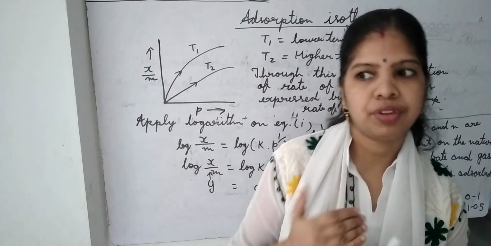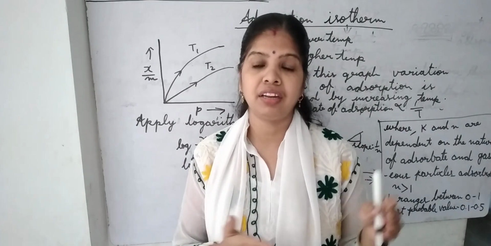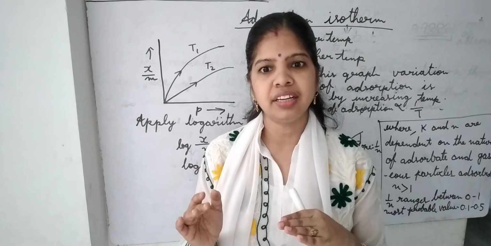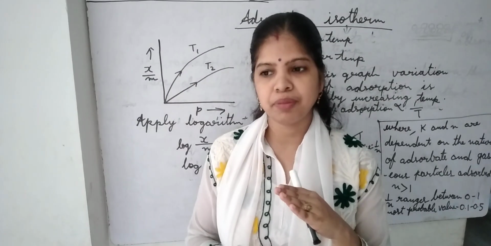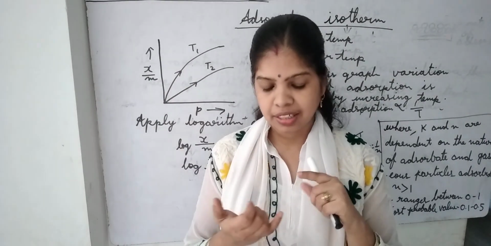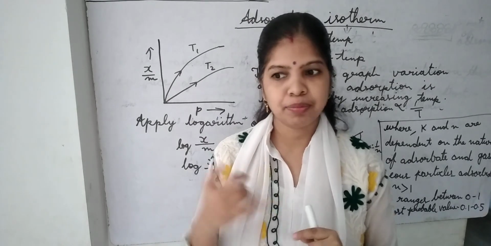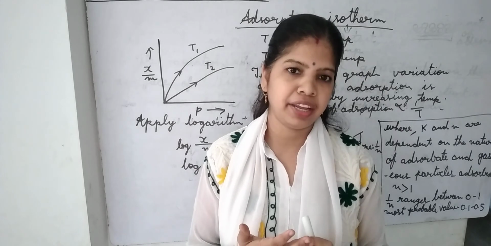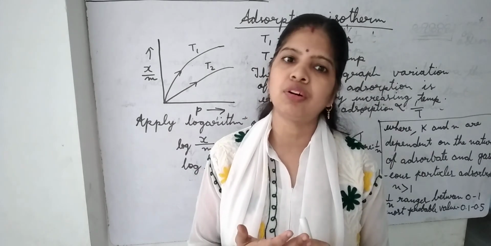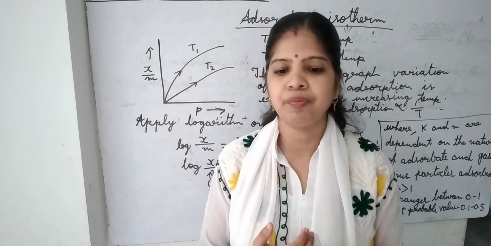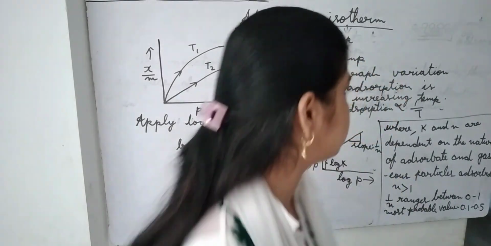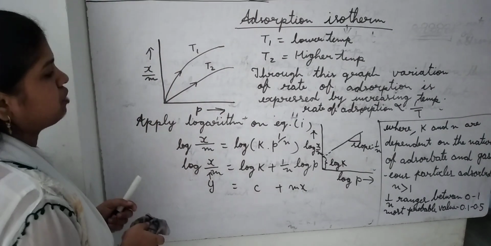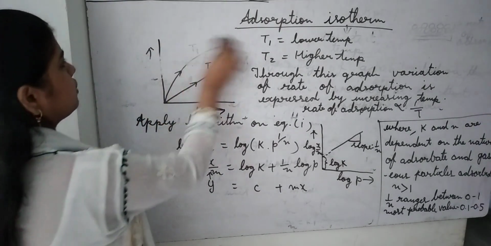But after a certain period of time, even by increasing pressure, adsorption will be constant, that is the saturation pressure. And Freundlich adsorption isotherm failed to explain it, this was the failure of Freundlich adsorption isotherm. He discussed two conditions, but through the graph he failed to explain it.